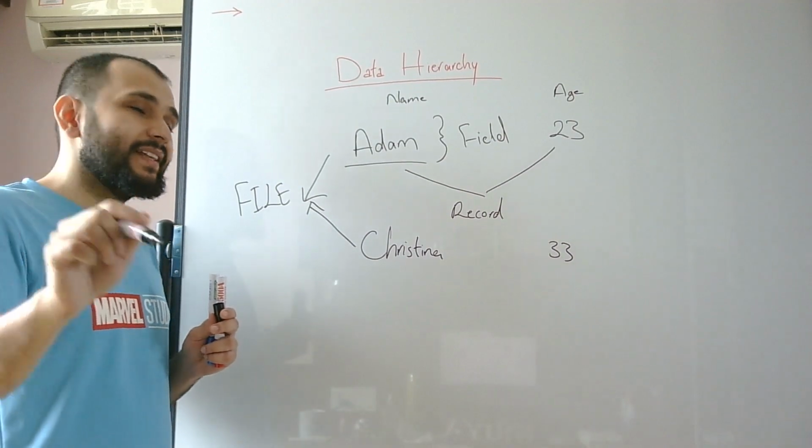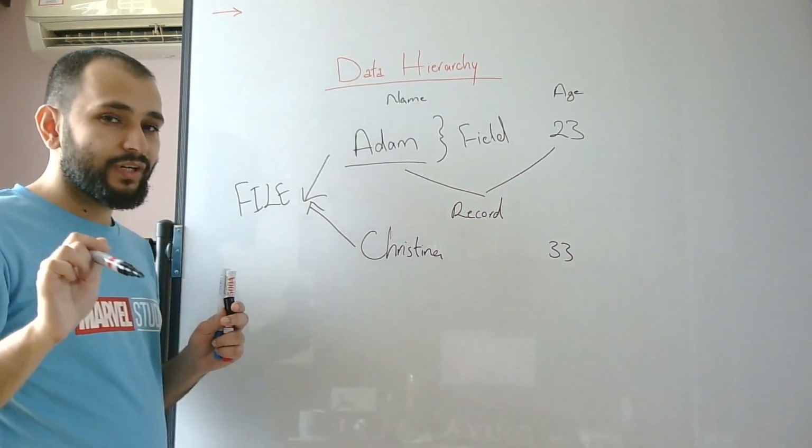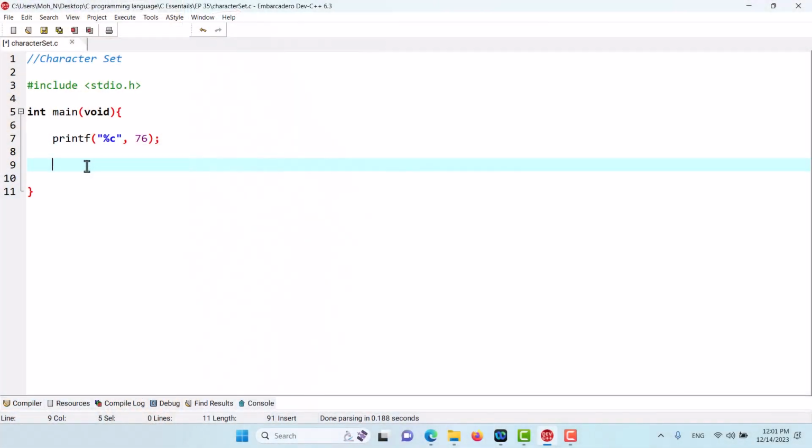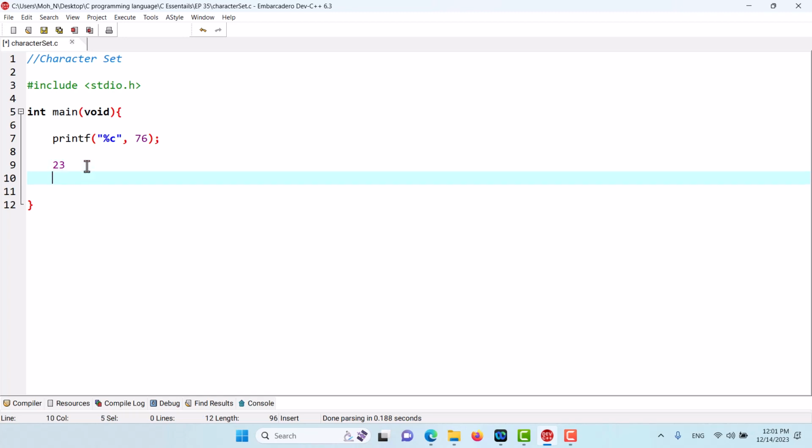Now let's go and see these concepts on my computer once again. So here in the C programming language, to represent fields, we have used numbers until now that you have seen many times. For example, the age of somebody could be 23. This you have seen, but maybe if we want to represent their name, then we can combine some characters and we can make strings. We haven't really studied strings yet, but just for the time being, I'm just mentioning it for you.